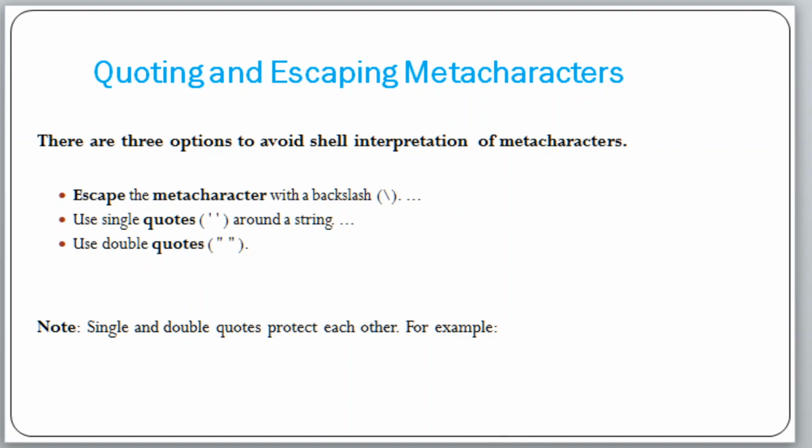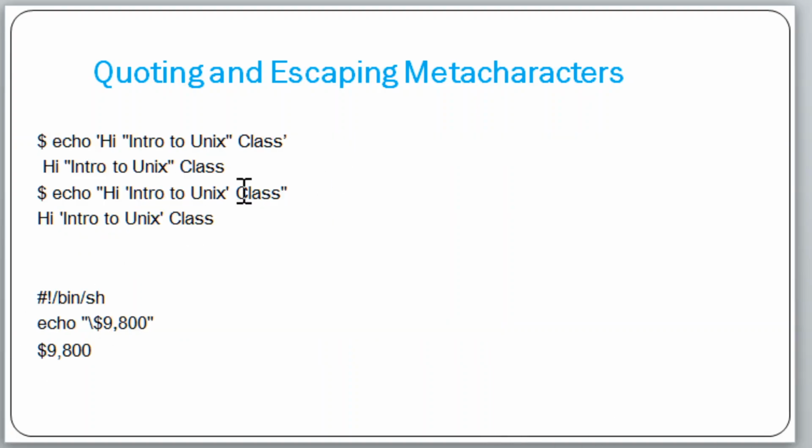For example, if we have echo 'hi "intro to Unix" class', with single quotes outside of all of it and double quotes on intro to Unix, echo would actually spit out hi "intro to Unix" class with the double quotes around intro to Unix, okay? Similarly, if I do double quotation mark, hi, single quotes, intro to Unix class, and end it with a double quote, it will spit out hi 'intro to Unix class' with the single quotes, okay?